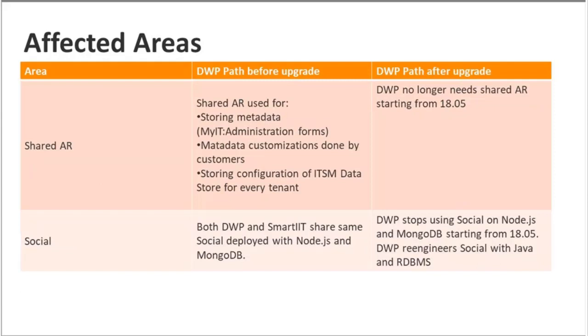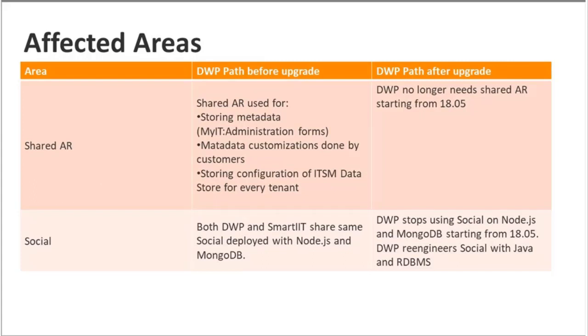The next affected area, again, I talked about it in the architecture diagram. We call it the shared AR, where we store the metadata. That is no longer used, and all the metadata is moved to the database.